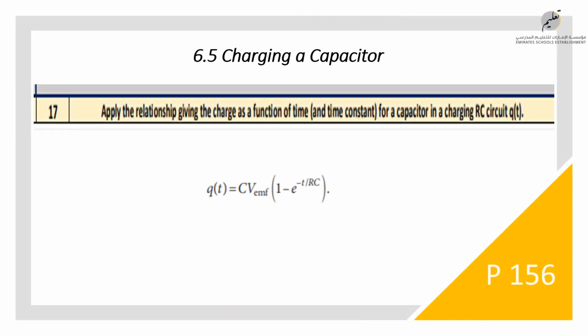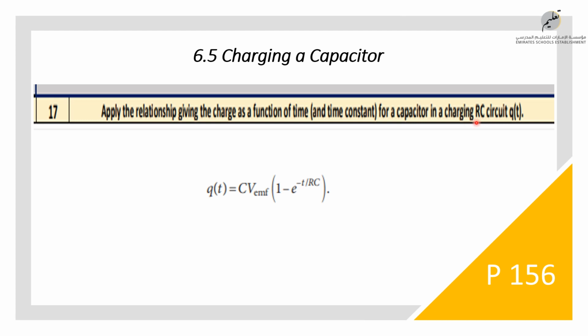We continue with charging a capacitor, an important equation. We need to apply the relationship giving the charge Q as a function of time for a capacitor in a charging RC circuit.